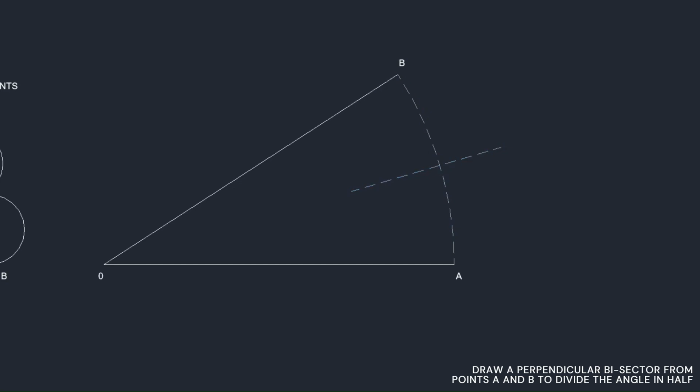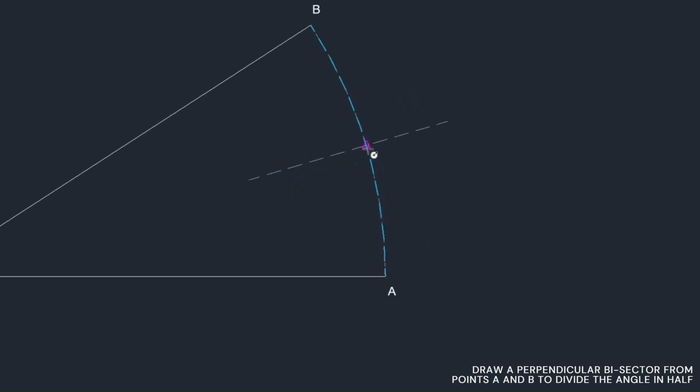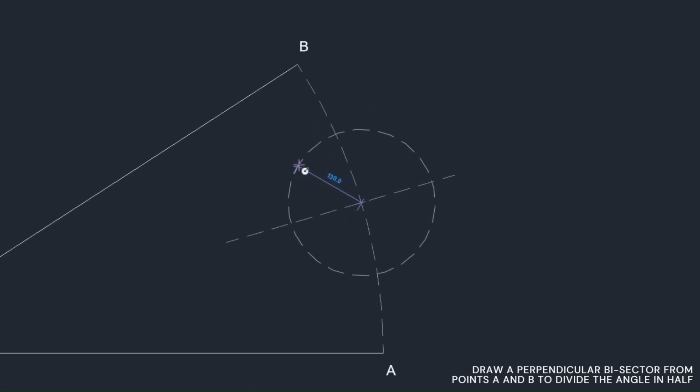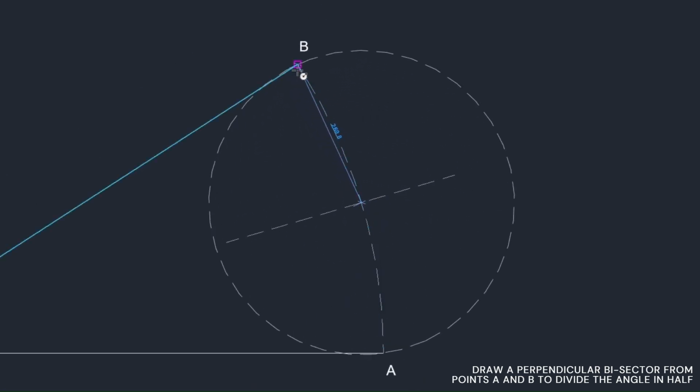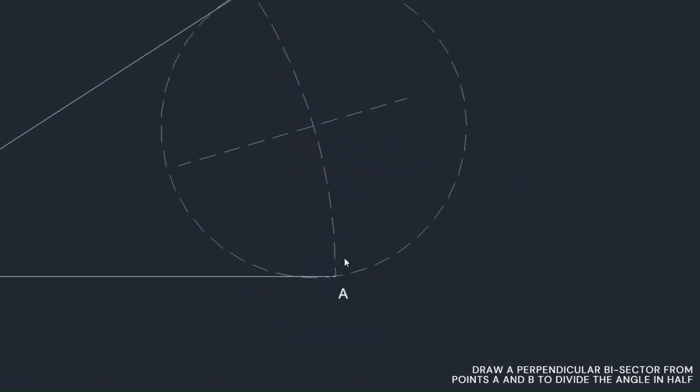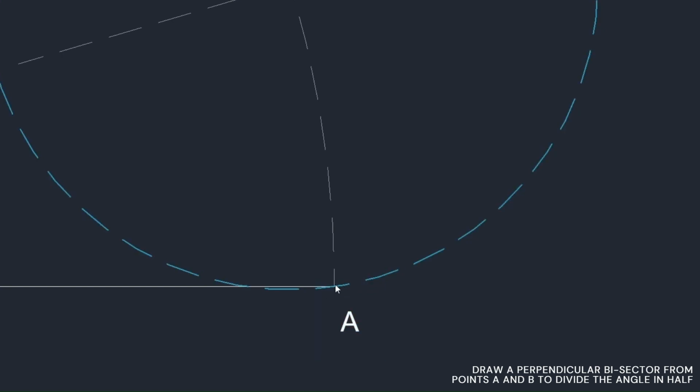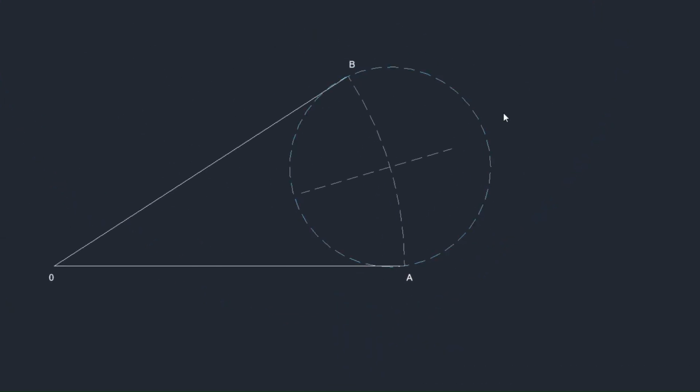Okay? And to prove that, I'll draw a circle. I'm going to center it on this center point, and I'm going to draw it so its tangent meets point B. And you can see that the tangent on the other side also meets point A. So this is an equal measurement on both sides.